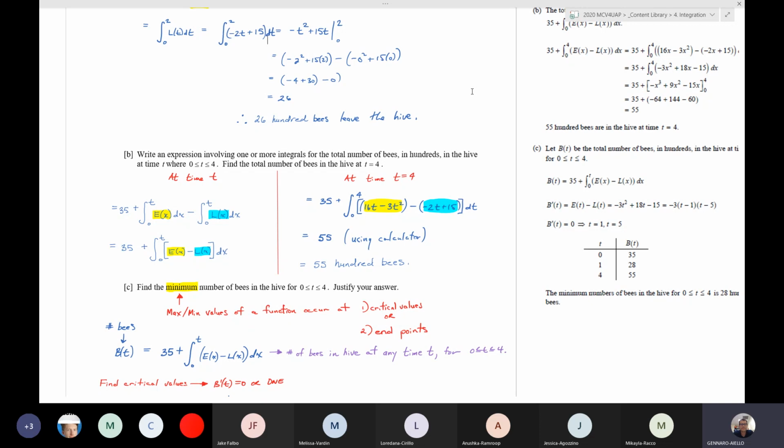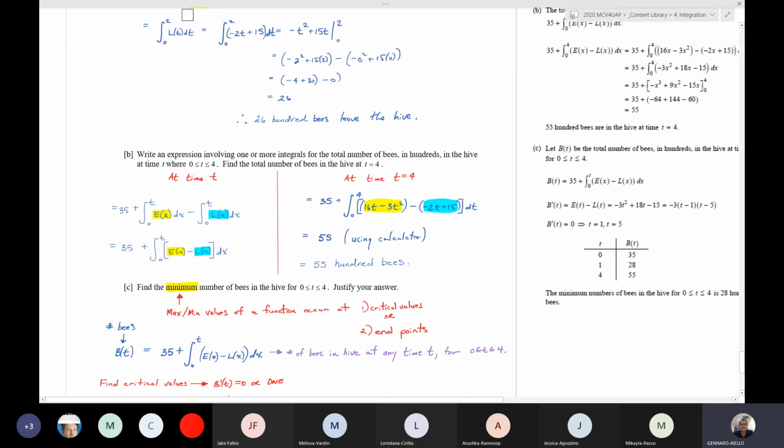So on the right there, all we need to do to figure out the second part of the question, which is find the total number of bees in the hive at t equals 4, is sub t equal 4 into my integral equation there. So 4 is going to become the upper limit of integration. So it's 35 plus the integral from 0 to 4 of, and I really should have written that as x, not t.